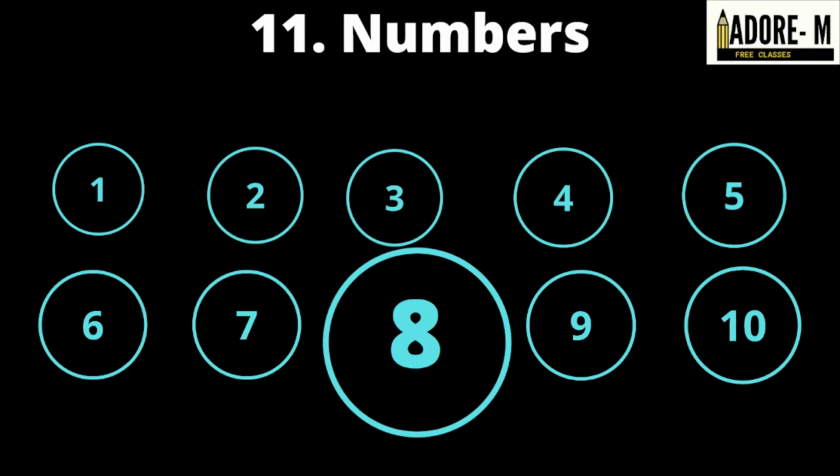We make all numbers using only 1 to 10. So we will see how we make numbers and what reverse numbers are in this chapter. This chapter is going to be very interesting for you.